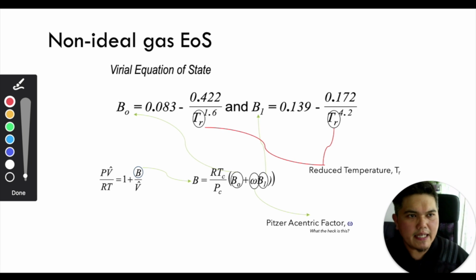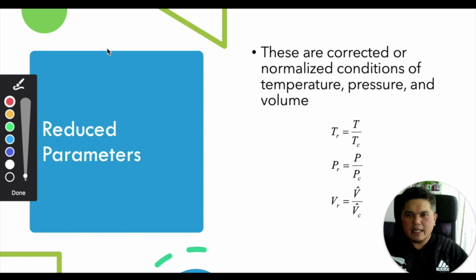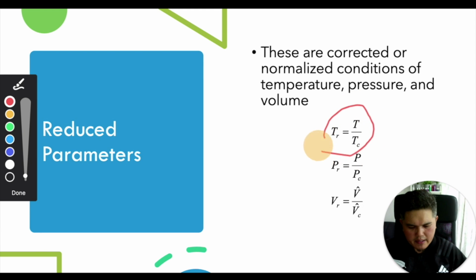But before that, I'm going to share with you what it means by reduced temperature. So these are the corrected or normalized condition of temperature, pressure, and volume. In order for us to calculate the reduced parameters so that we can use the equation, it is simply like putting TR equals to T over critical temperature. T is the temperature that we are actually looking at.